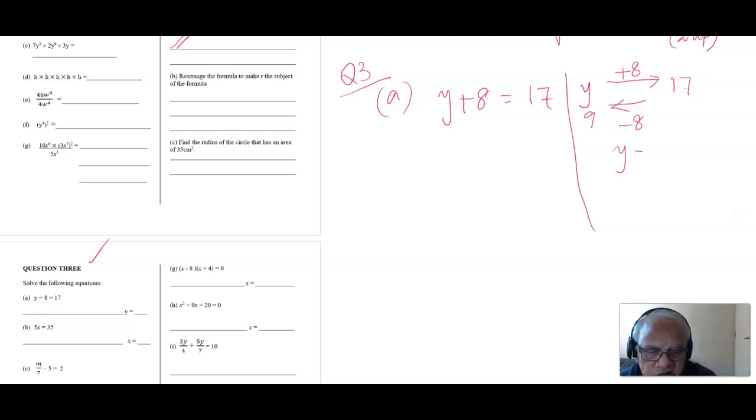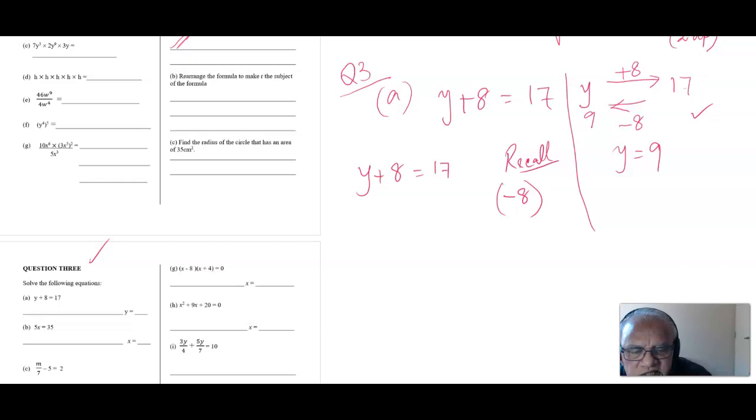So y is 9. This amounts to showing the working in year 10. But if you do something like this, I'm going to show you a quick setup. What do I do? That's a reminder, recalling what you are going to do. Minus 8. So that will give you y equals 17 minus 8. And then on the following step, y equals 9.